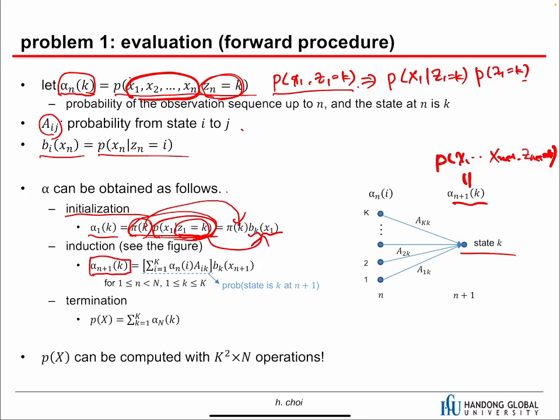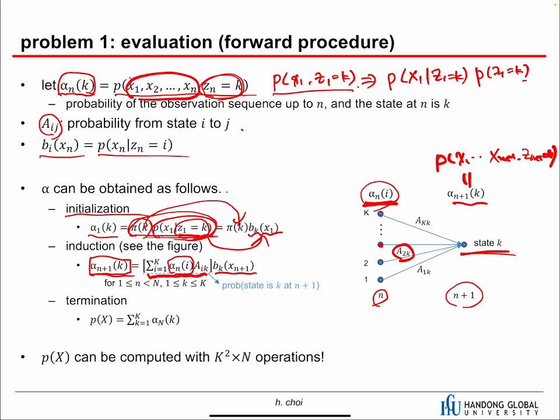We have the probability of all the states at time n as alpha n of i. From one state, we can multiply the transition probability to move to state k, like this. And then at time n plus 1, we have to calculate the emission probability. So that is alpha sub n plus 1 of k. Again, we have alpha sub n of i.